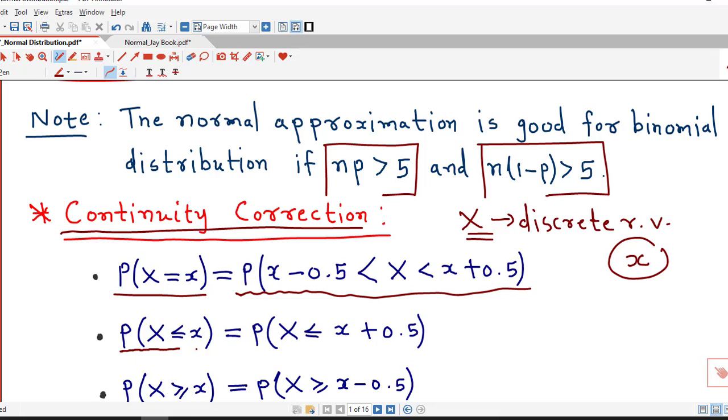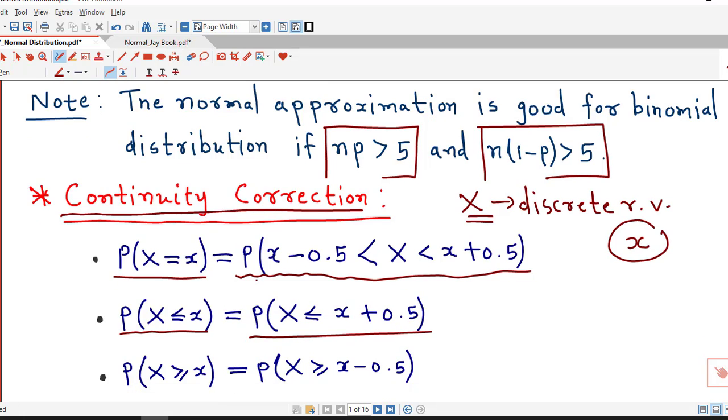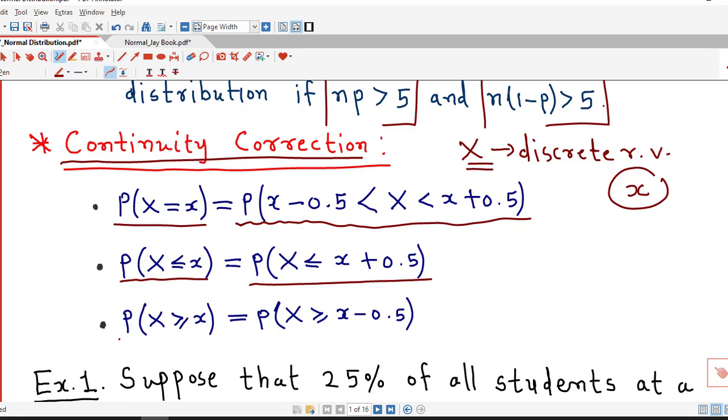Also we have seen that the probability that capital X is less than or equal to x is converted into the probability that capital X is less than or equal to x plus 0.5, and the probability that capital X is greater than or equal to x is converted into the probability that capital X is greater than or equal to x minus 0.5. So it is easy to remember these probabilities.